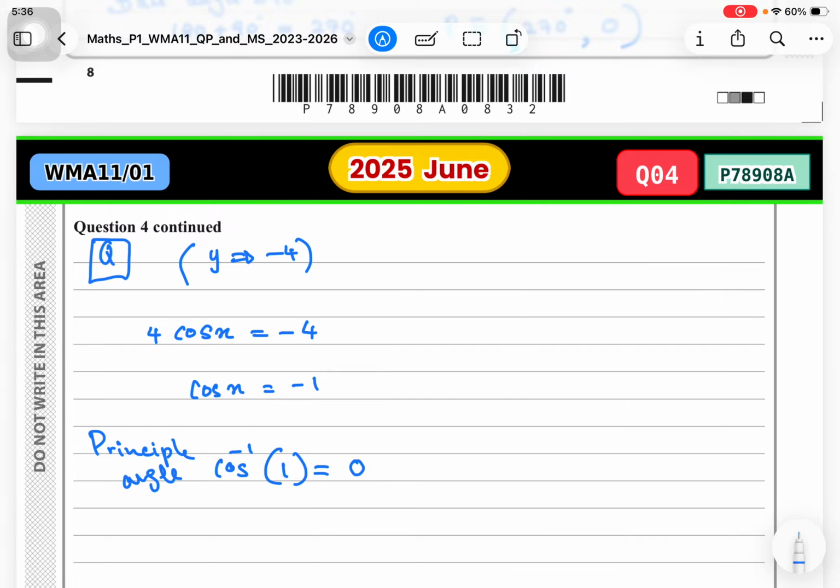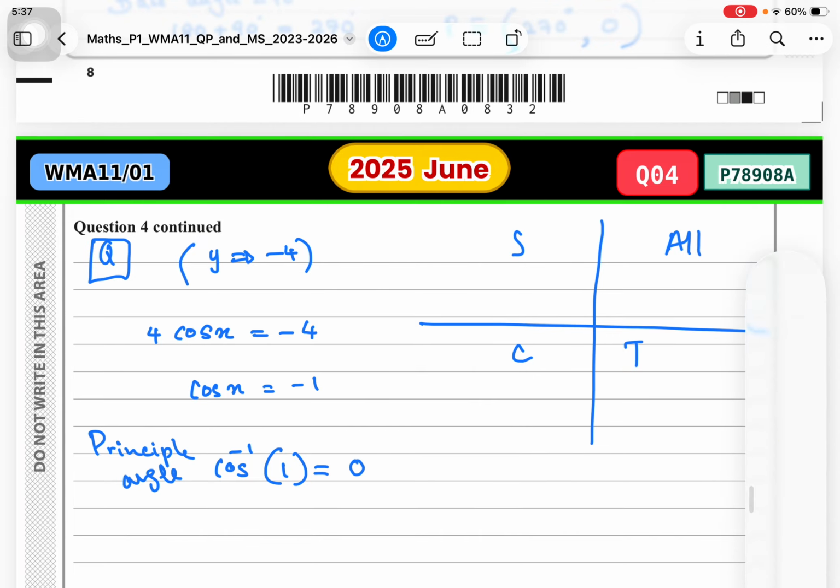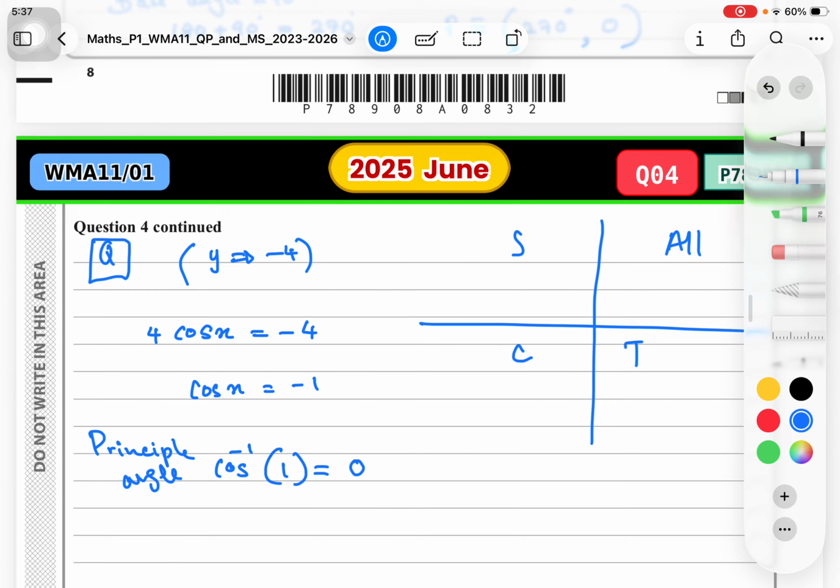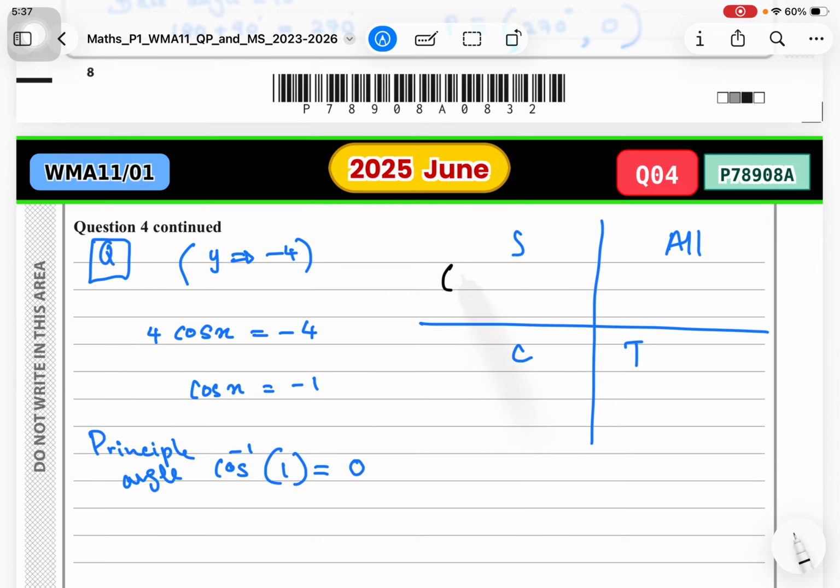Similarly, for a negative value, since it's negative here, we can go with this quadrant, which gives you 180 minus theta, the very first negative value of cos.